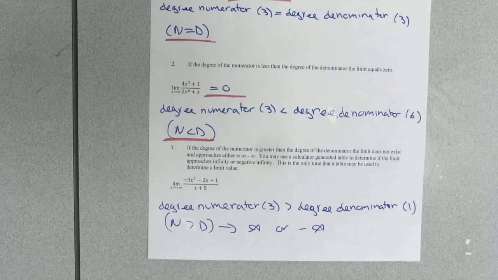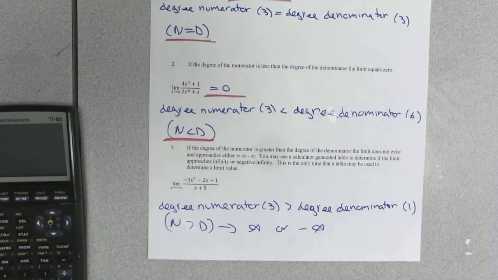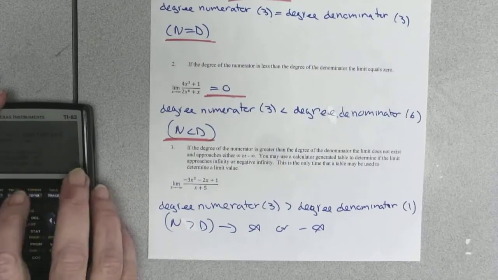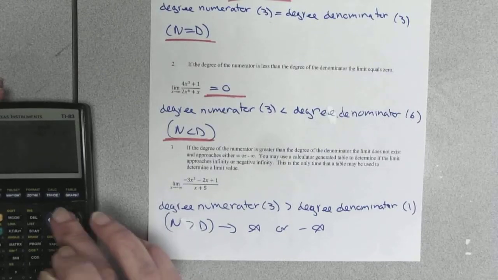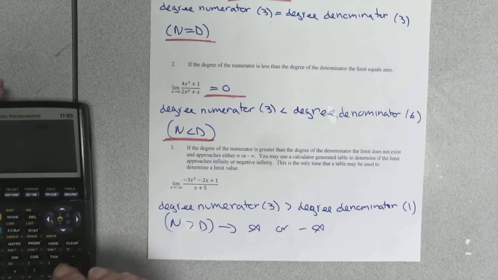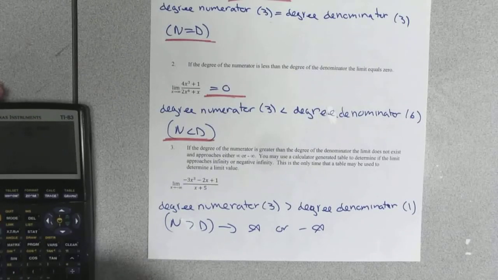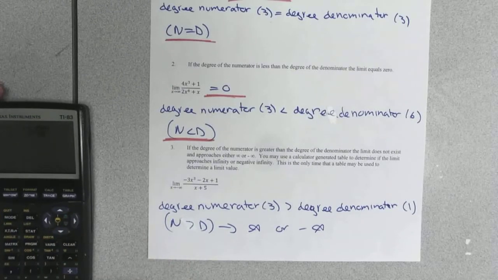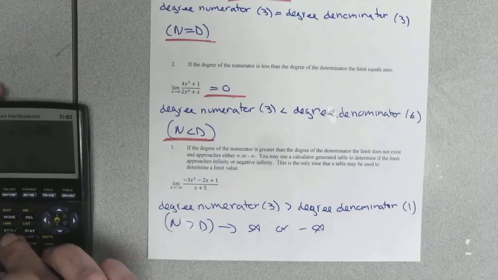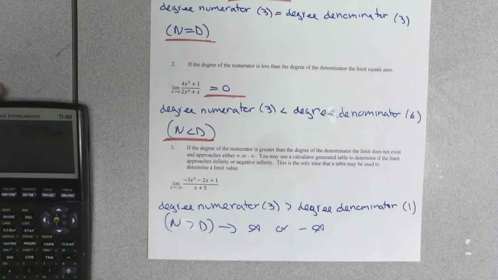You can reason it out, or just make a table. And I'm going to go ahead and make a table. So I'm going to put my function into the y equals. We've got negative 3x cubed minus 2x plus 1 divided by x plus 5.